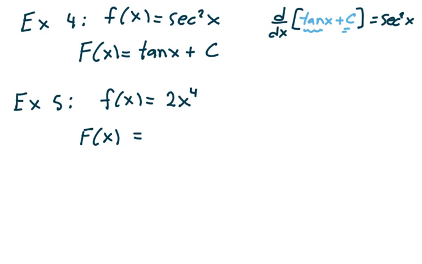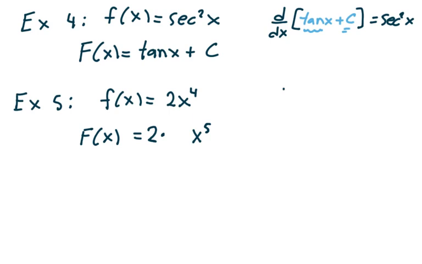So I need to think of a function so that when I take the derivative, I get 2x to the fourth back. Now, the 2 can go along for the ride. And we're going backwards. And so to get an exponent of 4, when I take the derivative, I have to start with an x to the fifth. But the question is, what do I multiply that by?